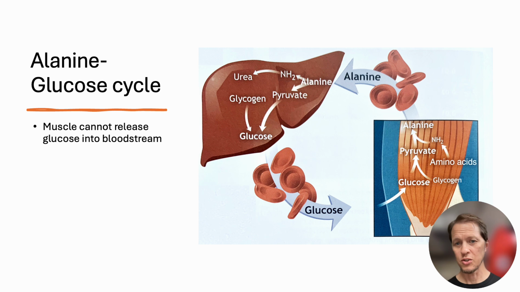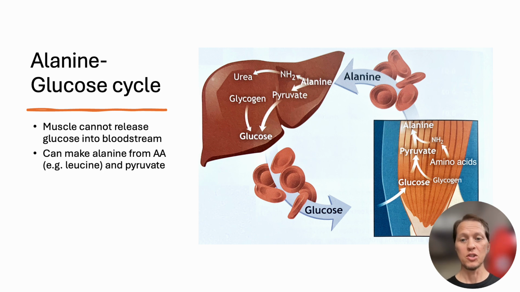So what your quads do when they are desperately in need of energy and you've burned through all your glycogen, well, you can take it from your own muscle, right? Your muscle breaks down amino acids, turns it into alanine, sends it into the bloodstream. Your liver takes it, says, aha, I know what to do with that. I'm a liver. Your liver can turn it into glucose, send it back for your muscles to use.